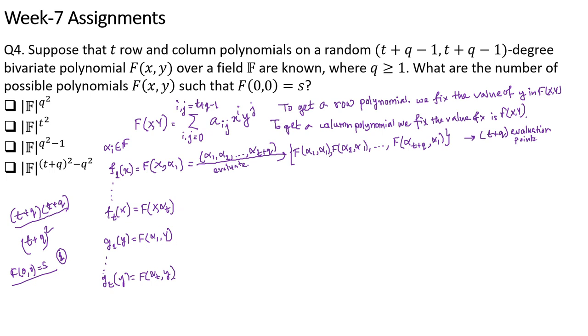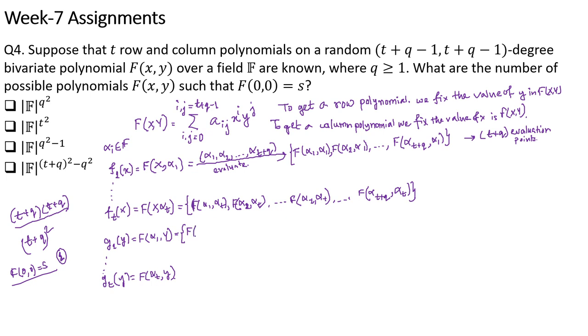Similarly, by using the information of row polynomial ft(x), we can get the values of f(alpha 1, alpha t), f(alpha 2, alpha t), and so on, f(alpha t, alpha t), till f(alpha t plus q, alpha t). What about the column polynomials? By evaluating g1(y) at the points alpha 1 to alpha t plus q, what do we get?